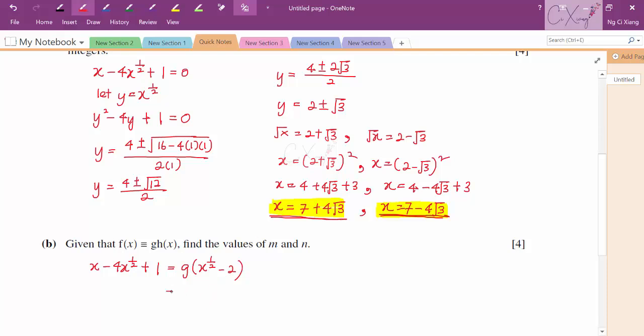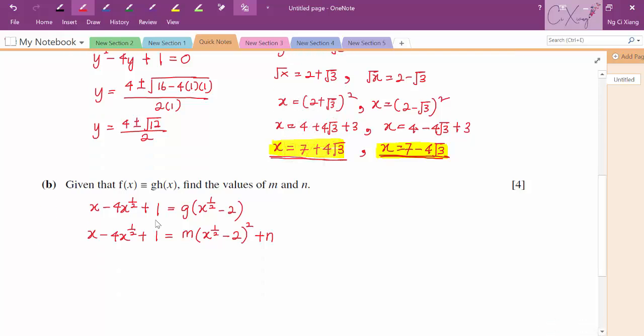Continuing from here, I will have m, and then x squared, which means I substitute x power half minus 2 and square it, plus n. I equate it to the left-hand side, which remains the same. To find the values of m and n, we need to expand the right-hand side so that we can directly compare it with the left-hand side.